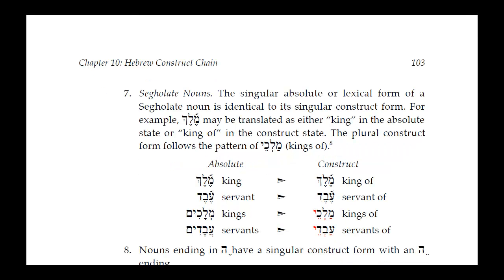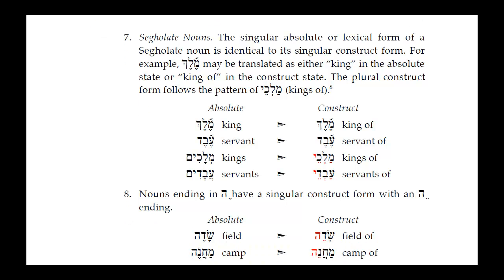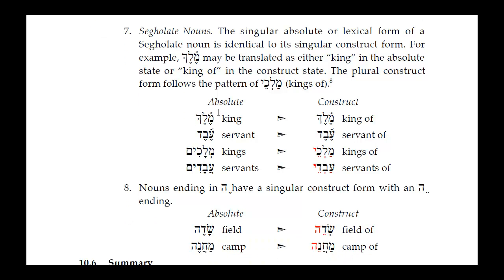Okay, let's go ahead and get into the segholate nouns here, which we alluded to earlier. Segholate nouns have the same form in the absolute singular and construct singular. So the masculine singular absolute and masculine singular construct are identical. They can be either king or king of. Now the plural construct form of the segholate noun, and this is always the case, is malkey.